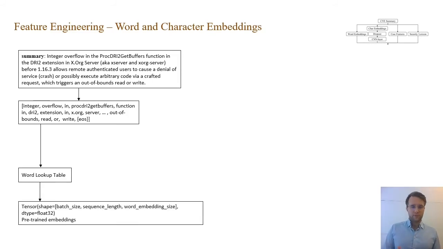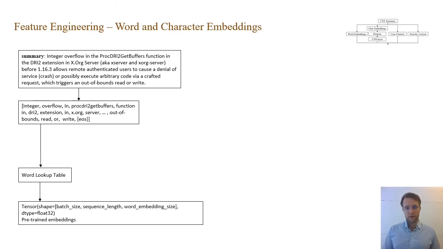For the word level, we then use a word lookup table where each word is mapped to the numerical representation, the embedding. After that we gain an output tensor which has the shape equal to the batch size, the sequence length, and the word embedding size. We use GloVe pre-trained word embeddings which come in the size of 50, 100, 200 or 300, and we chose those based on hyperparameter optimization.